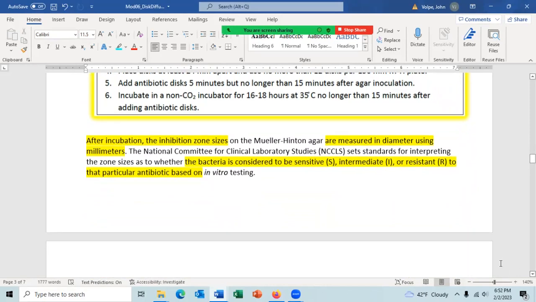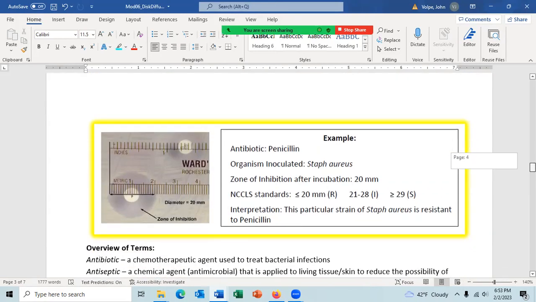All right. After incubation, the plates are taken out of the incubator and the zone of inhibition size is measured in its diameter using millimeters. The bacteria is considered to be sensitive, intermediate, or resistant to that particular antibiotic, depending on the size of the zone of inhibition.